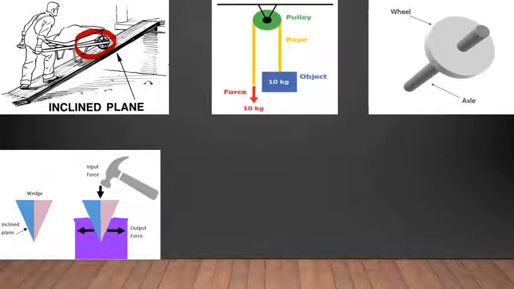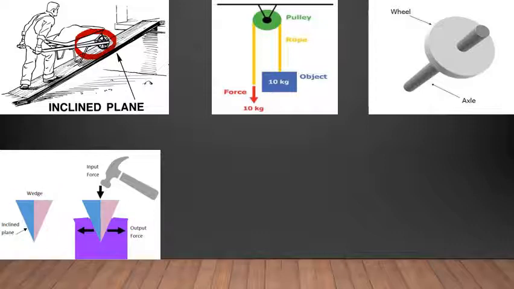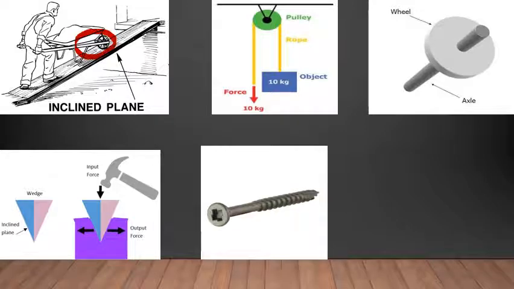Next is wedge. As you can see here, if this is a wooden block, using this wedge, you just have to hammer it and it will break open. That is the simple usage of a wedge. W-E-D-G-E, wedge. Next is screw. We all know screws are used extensively in our daily life. Our phones that you're using every day to watch videos have very small screws inside.